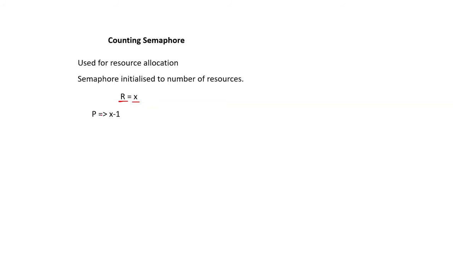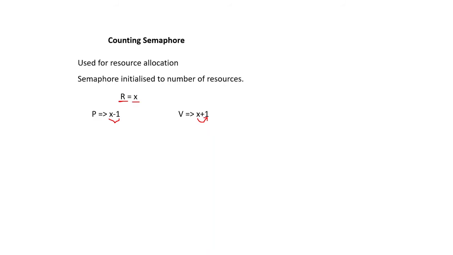Next, whenever a process needs to access a printer, it will need to execute the P operation, and the P operation will decrement the value of X by 1. That is, if the process gets access to the printer, the number of available printers will be one less than what it was. Similarly, whenever a process releases a resource, or a printer in this case, it will execute the V operation, which will increment the value of X by 1.